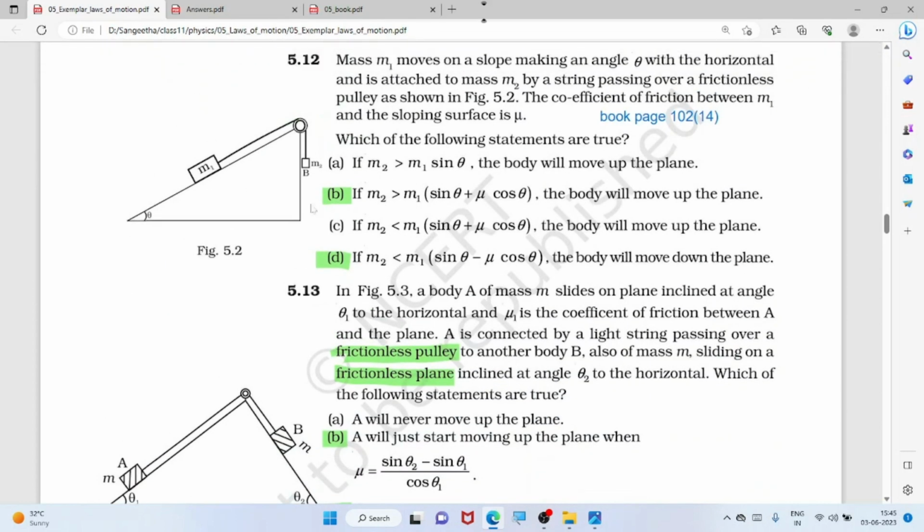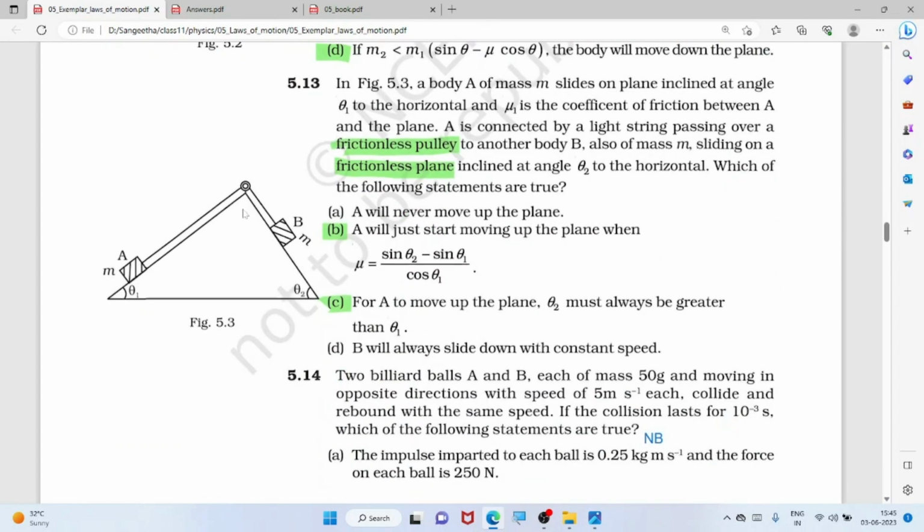What is the sin theta component, cos theta component of the mass? Okay. 13. So here you see it is mentioned this is a frictionless plane, this side. So there is no frictional constant here on this side. That is okay. So this is the answer.